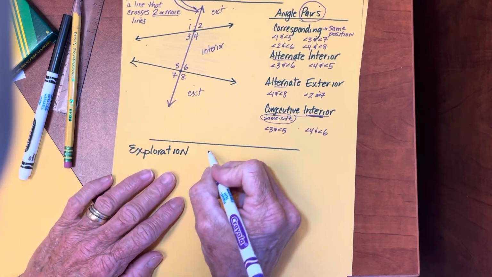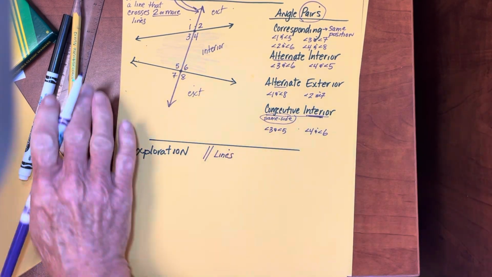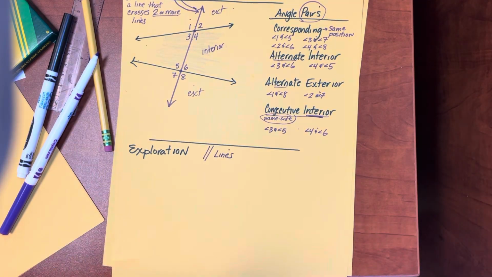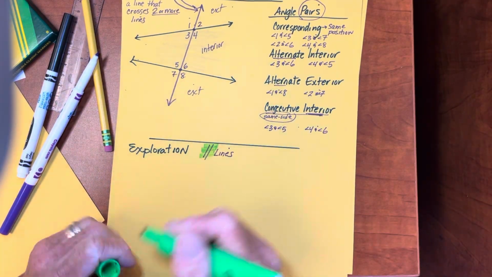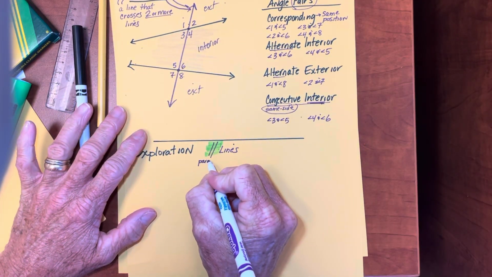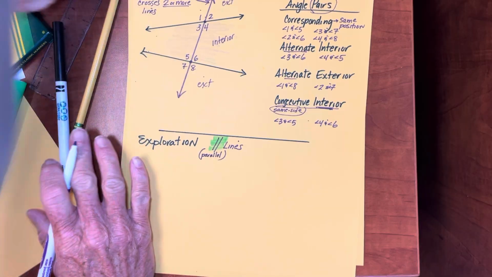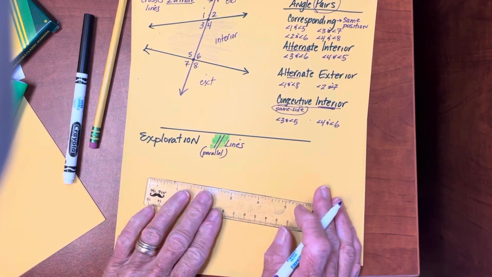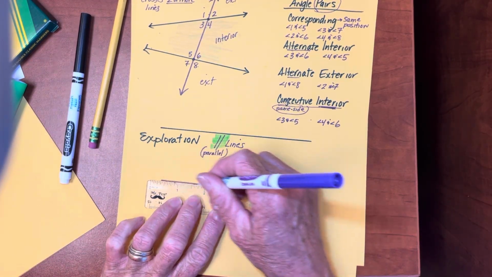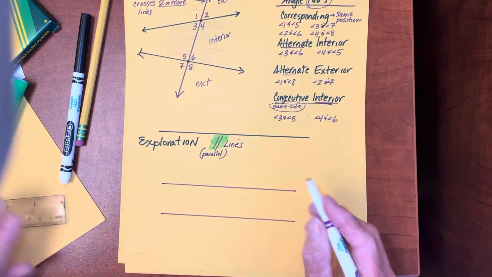Now I want to explore a scenario when I have parallel lines. And this symbol here is the symbol for parallel. So I'm going to use my ruler and force a pair of parallel lines. With my ruler, if I hold it steady, I know that the opposite sides run parallel.